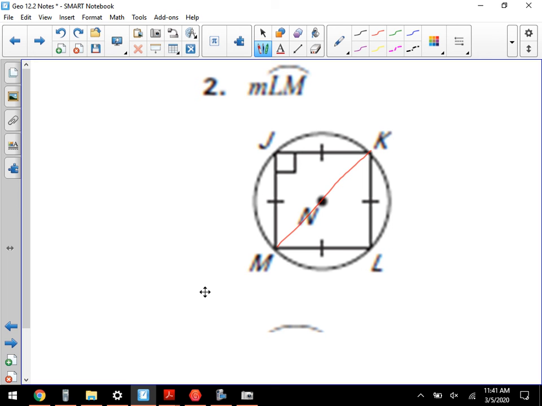So what does it do to the circle? Cuts it in half. So how many degrees are in a circle, and what does it do to that? Makes it 180. Now, you have 2 chords that hit the 180. What does each one of those arcs have to equal? I mean MJ and JK. These will have to be 90s.